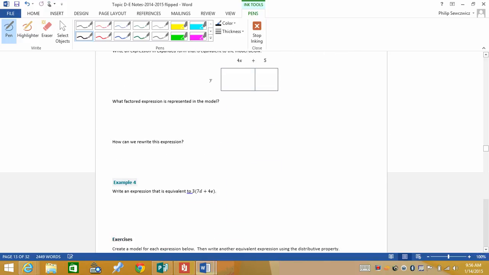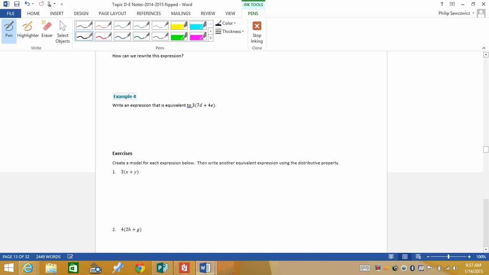We're able to just simply multiply. So let's get to the good stuff here, and we want you using that algorithm. Write an expression that is equivalent to 3 times 7d plus 4e. Let's jump right to it and use our distributive property.